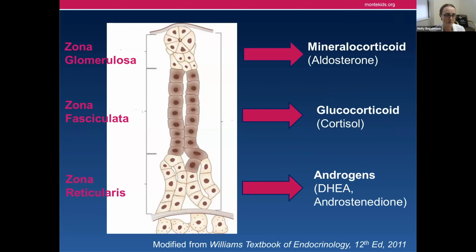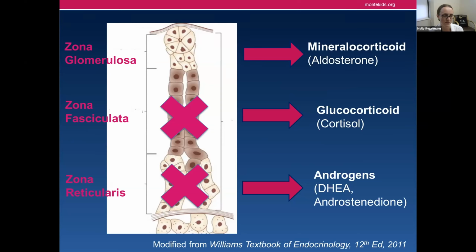So this is my cartoon picture of the adrenal cortex, and those very long chain fatty acids that are elevated with ALD tend to accumulate in two of the zones of the adrenal cortex, the fasciculata and the reticularis, which are responsible for making glucocorticoids and androgens.